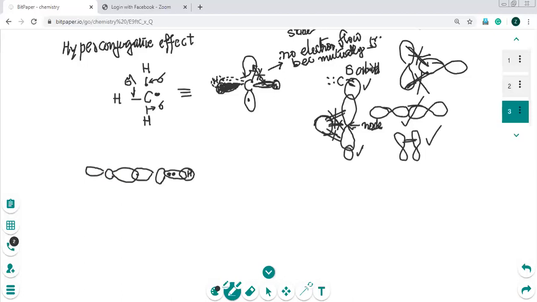Oh, no, one second. Drawing this figure is very tricky. This is an sp3 hybridized carbon. Note that. Now I have to draw this in a tetrahedral fashion. Here is the next one behind.